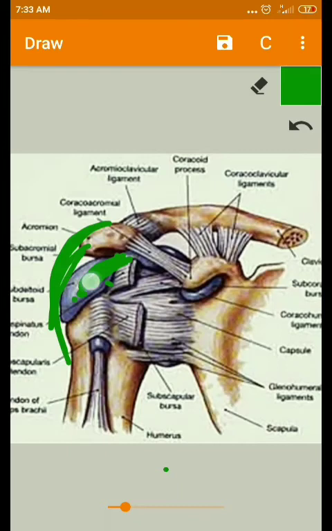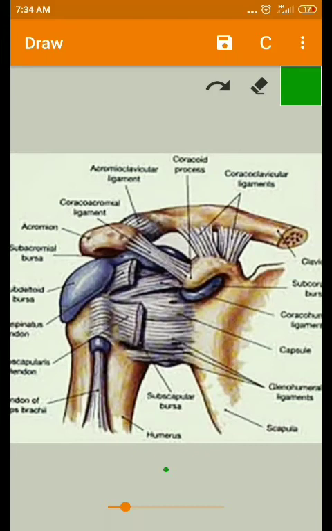Because these two bursae communicate with each other, they are collectively called the subacromial bursa only. Okay, this subacromial bursa, like all these bursae, reduces the frictional forces between the anatomical structures.